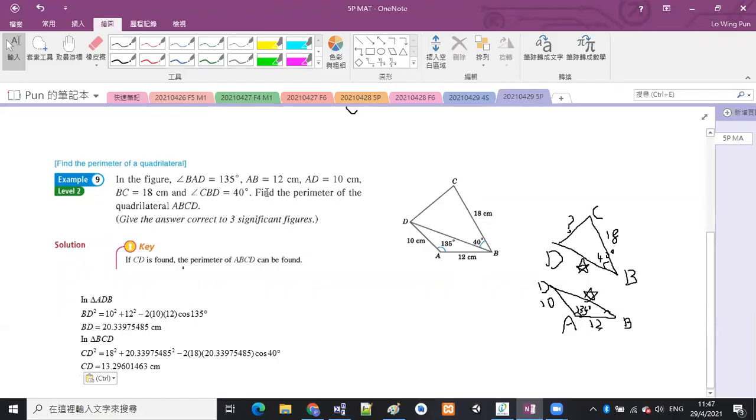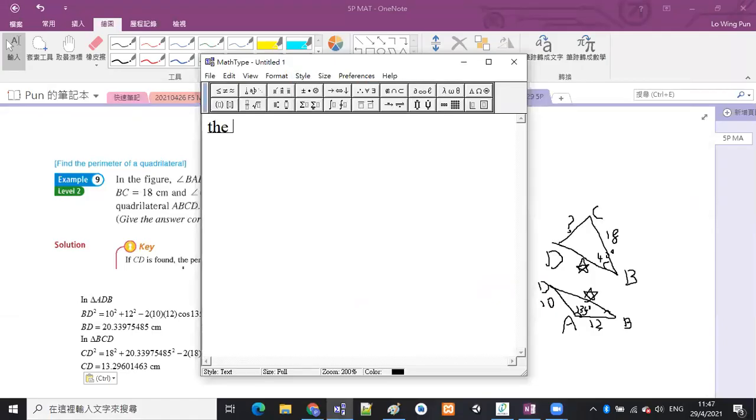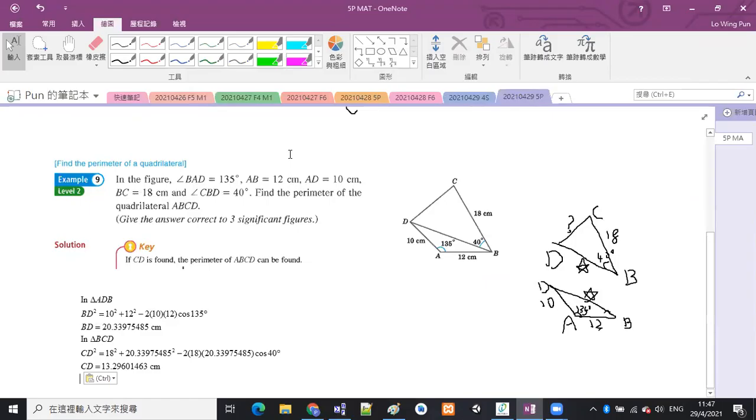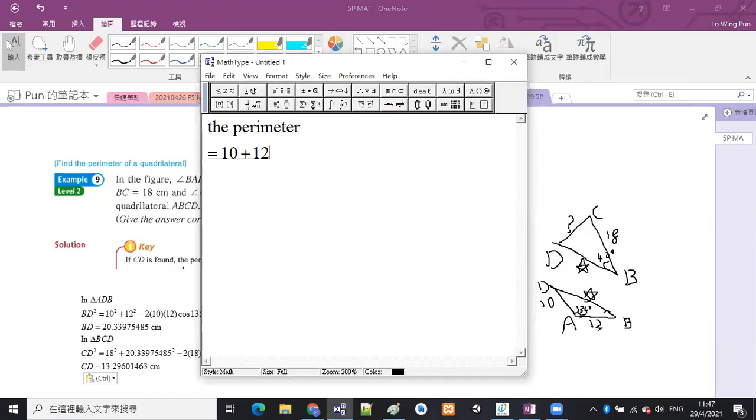Then we are ready to find the perimeter of the quadrilateral ABCD. The perimeter is equal to the sum of the four lengths, 10 plus 12 plus 18 plus CD. That is this number, and it will be equal to 53.29601463.